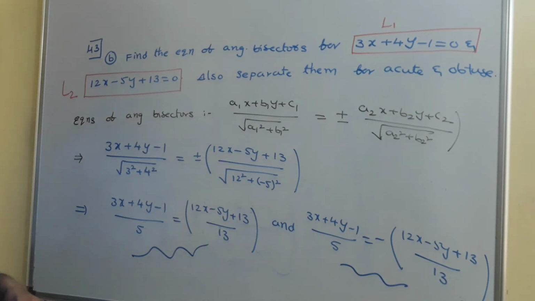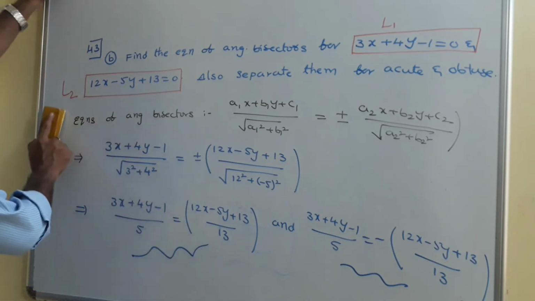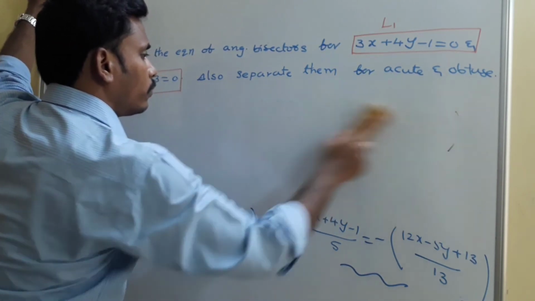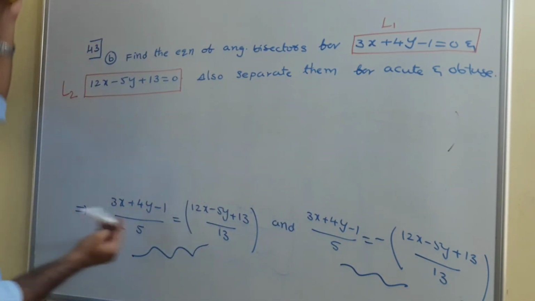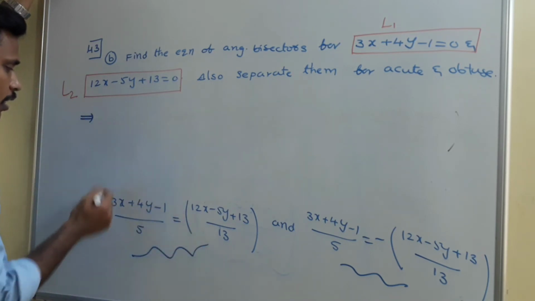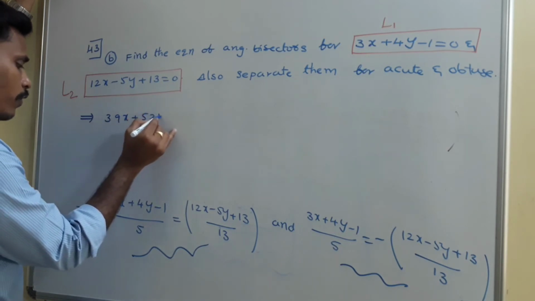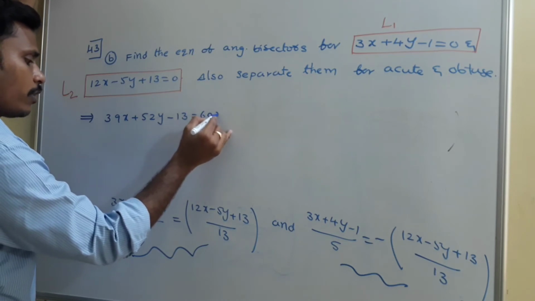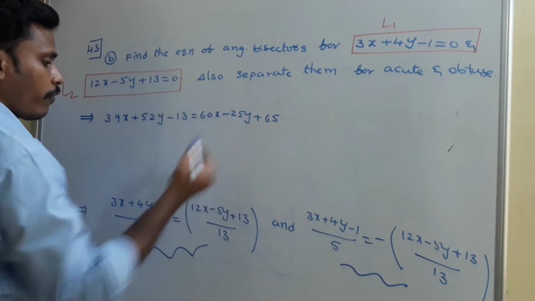You just do cross multiplication, and on cross multiplication, we need to simplify the first one and the second one. If you do cross multiplication, 13 into 3 is 39x, 13 times 4 is 52y, minus 13 equals, with 5, 60x, 25y, 65.